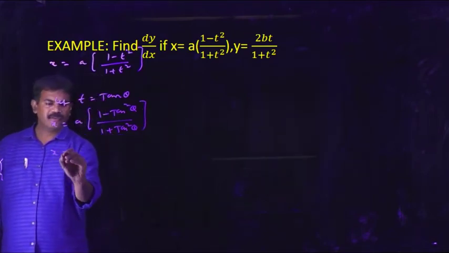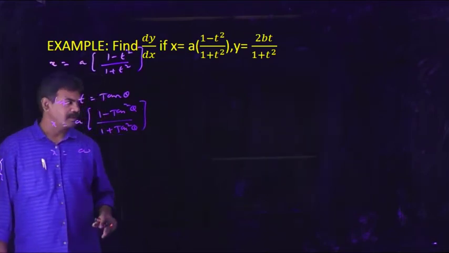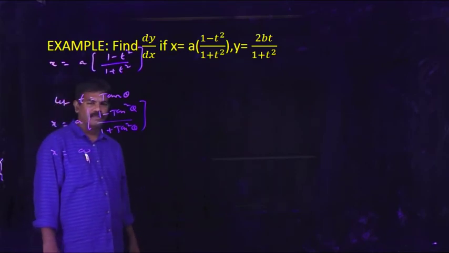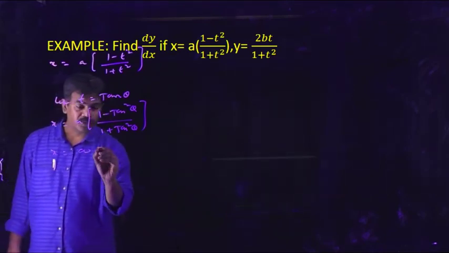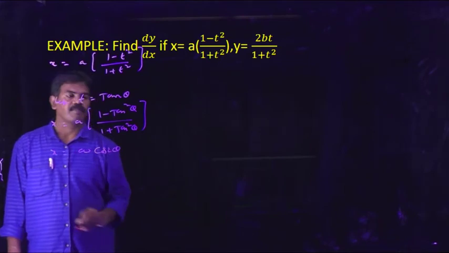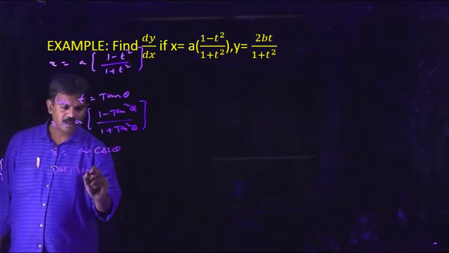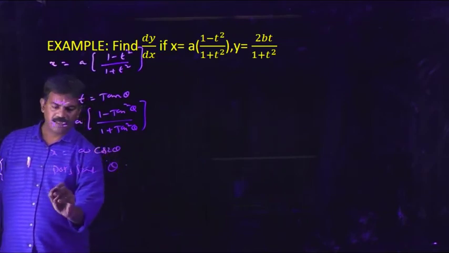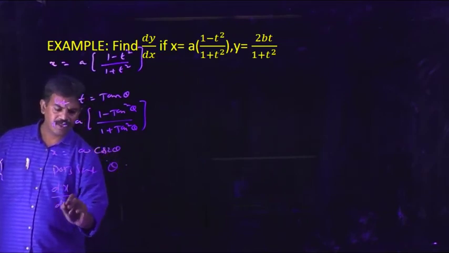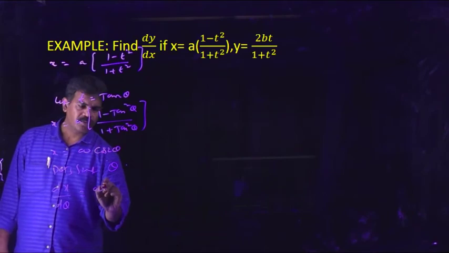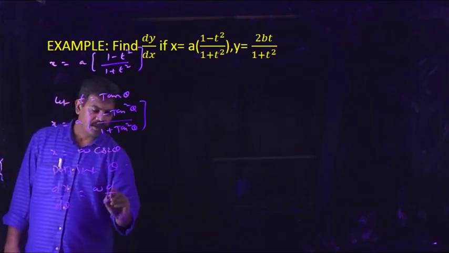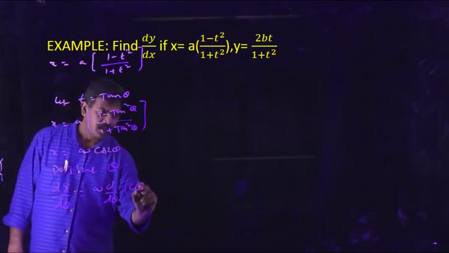So x is equal to a into, we know the formula, 1 minus tan square theta by 1 plus tan square theta is equal to cos 2 theta in trigonometry. So now differentiating on both sides with respect to theta, derivative of x is dx by d theta, that is a into d by d theta of cos 2 theta.